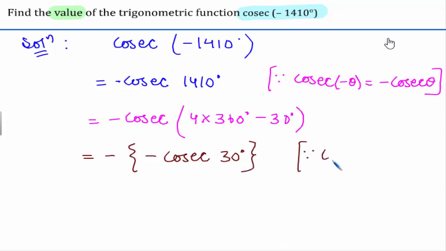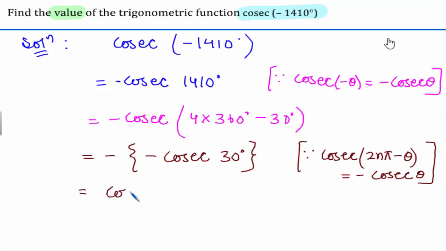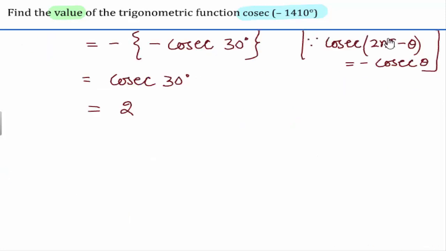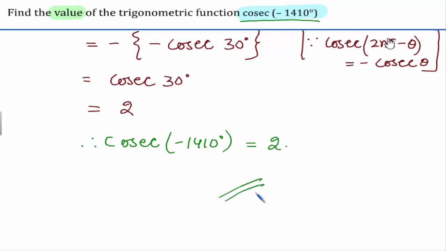Since we know that cosec 2n pi minus theta is equal to minus cosec theta. So this is equal to cosec 30 degrees, which is equal to 2. Therefore, the value of cosec minus 1410 degrees is equal to 2. This completes the solution.